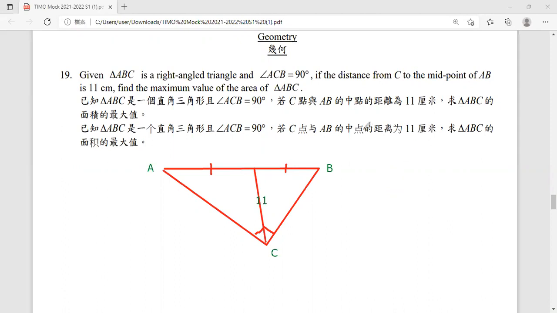For those who ask, I write the Chinese here because the competition will also be held in mainland China and Hong Kong.